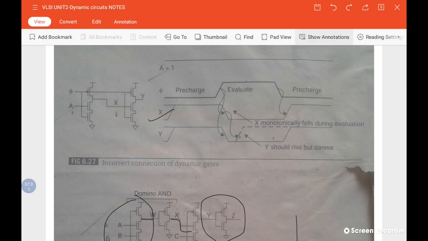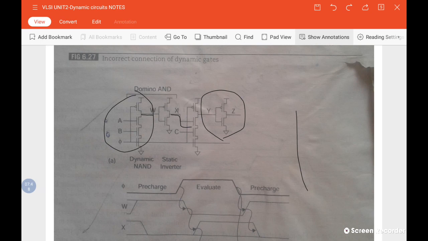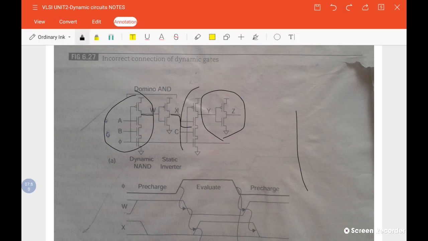Instead of that, we have to use the next logic, that is called domino logic. In domino logic, the simple thing we are doing is connecting an inverter in between two dynamic gates. The first one is a dynamic NAND gate, and the second one is also a dynamic NAND gate.